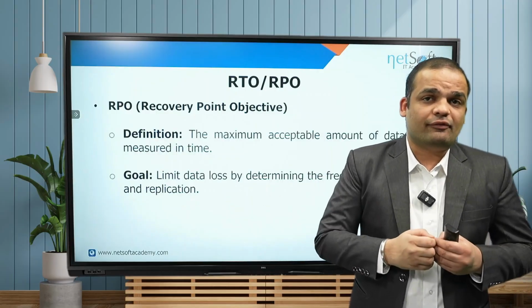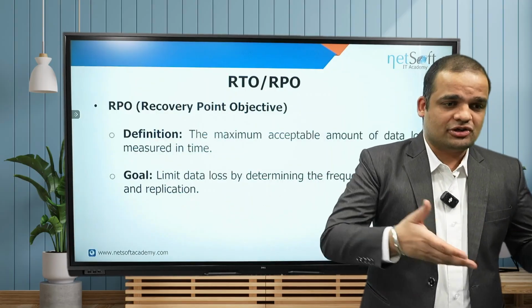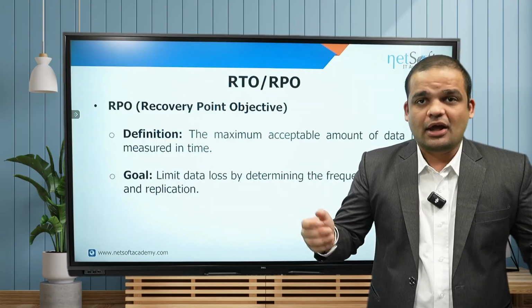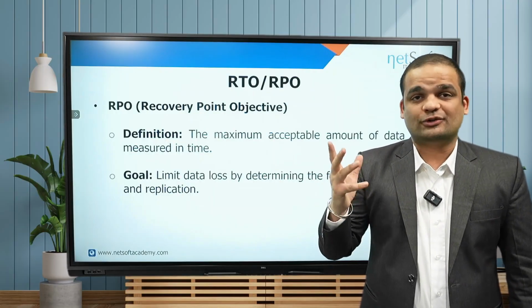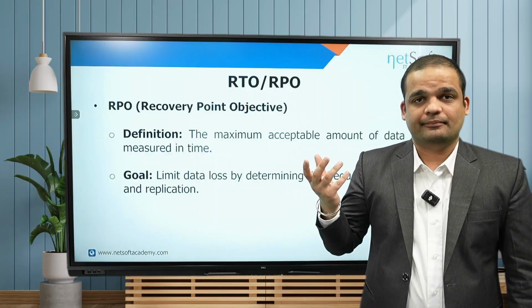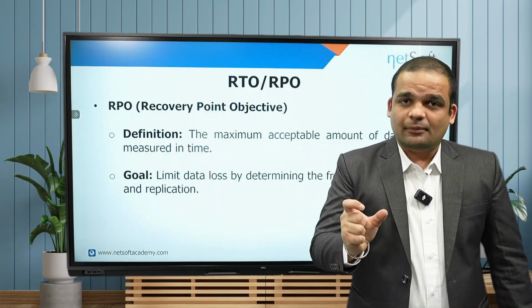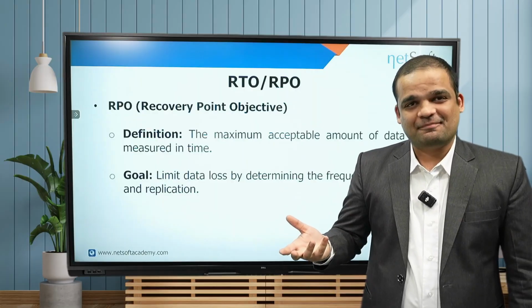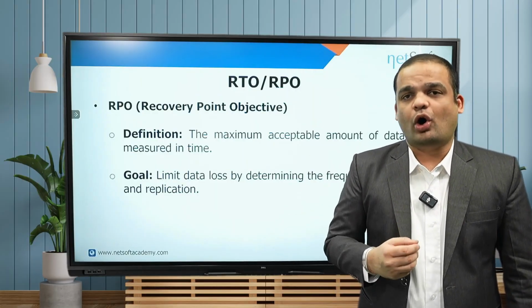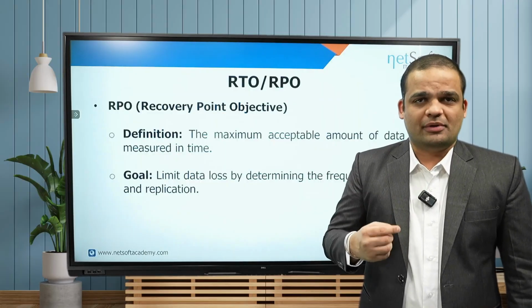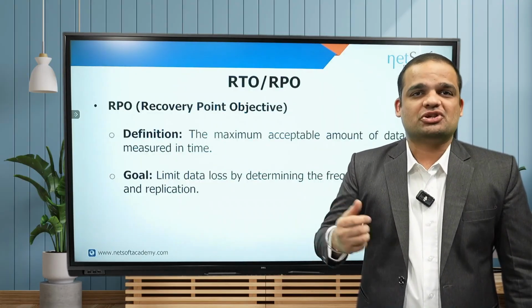So in the event of any failure, intentional or by accident, you might lose up to 1 hour worth of data. That's gone. The shorter the RPO, the less data is lost. Which is vital for businesses that handle sensitive or time critical information or mission critical information.